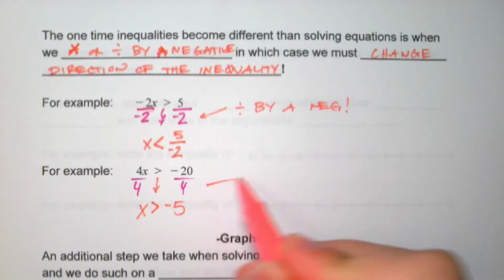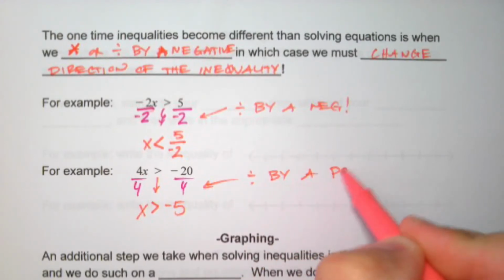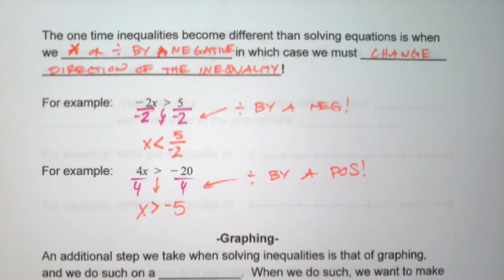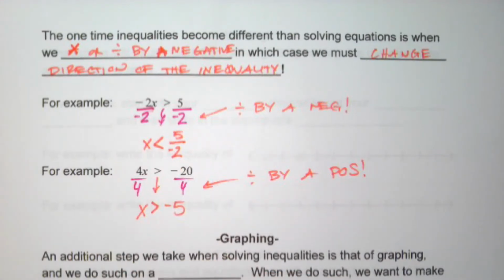Reason being is we divided by a positive number. 4 is positive. Although there is a negative present on the other side, it's only when that number you move through multiplication or division is negative, that's the only time you got to change that direction. So for that second example, we divided by a positive 4, so that symbol stays the same.